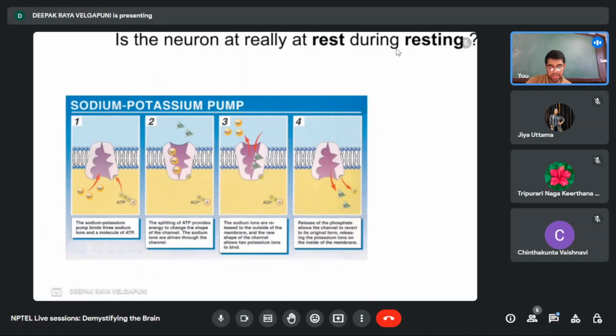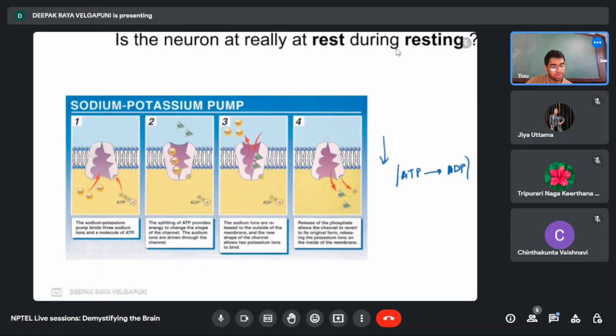This will change the conformation. For every three Na plus ions going out, two K plus ions come in, and this kind of mechanism needs energy, that is, this conversion from ATP to ADP.